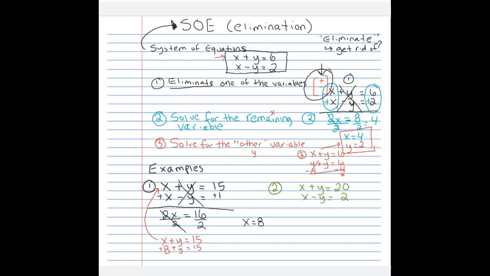I see a plus 8 here, so a minus 8 here, and here we're going to subtract. 15 minus 8 is 7. So we're going to have y equals 7. Box in the answers. We are good to go.